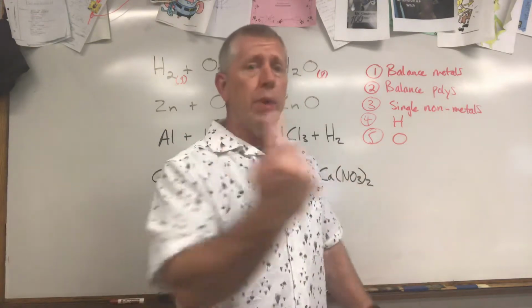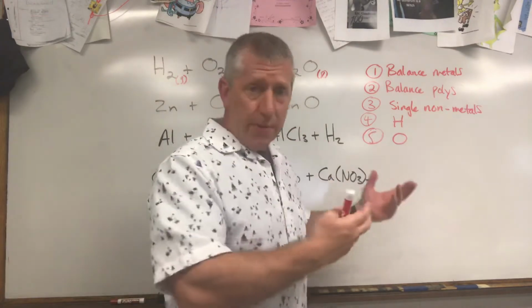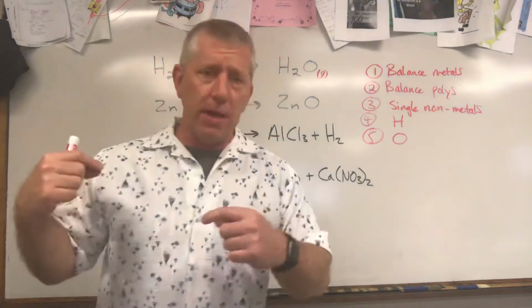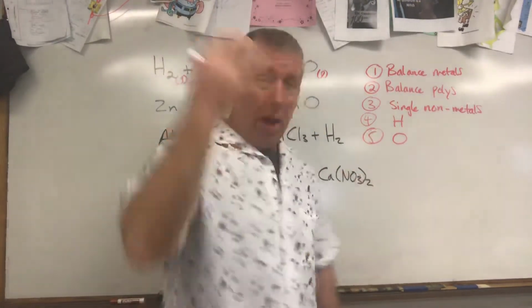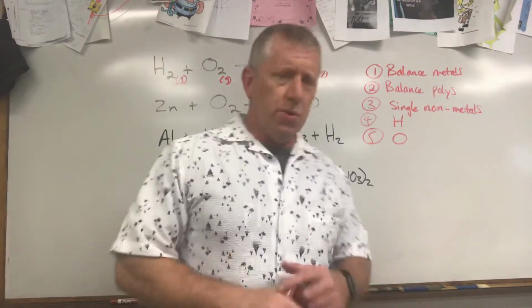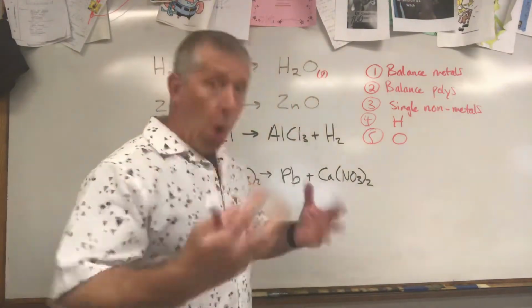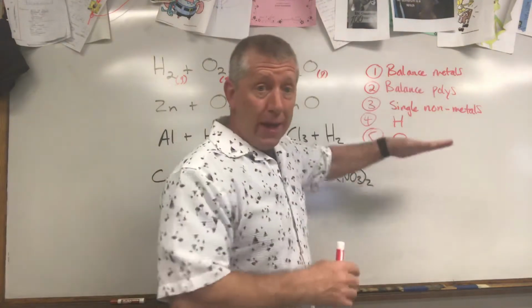What you'll end up doing is you'll balance one side and go to the other side and balance that, and then you unbalance other things, which unbalances your oxygen, and you start going around in circles. So don't balance the oxygen until you get to it down the line of balancing everything else.